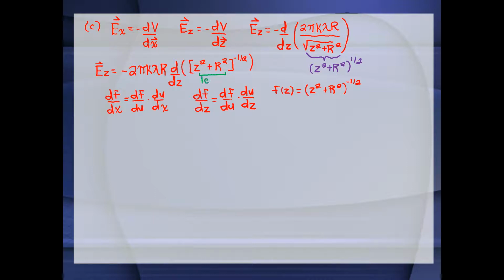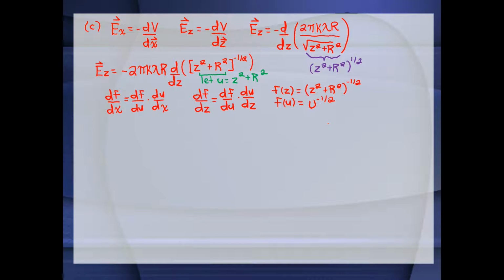So I'll say let u equal everything in the brackets, z squared plus r squared. Okay, so if I go back here to set this up, you would then have f as a function of u would be, well, u is z squared plus r squared, so f as a function of u would just be u to the power of negative 1/2.